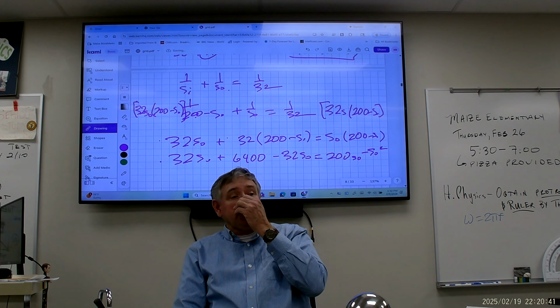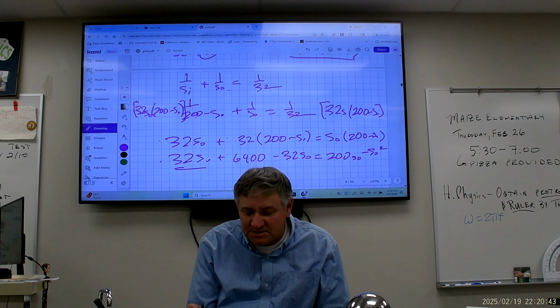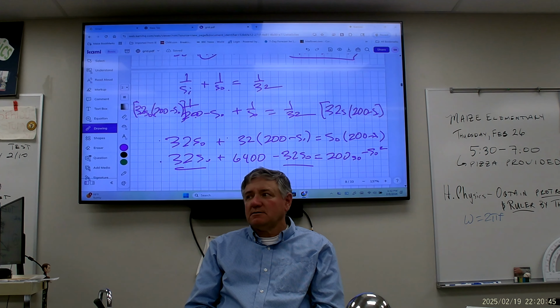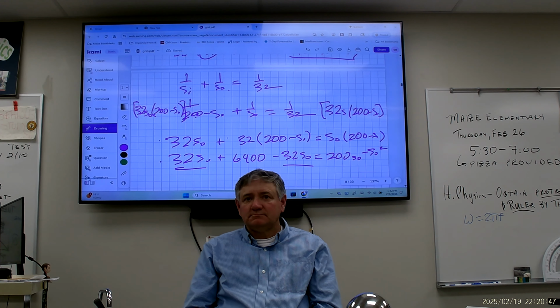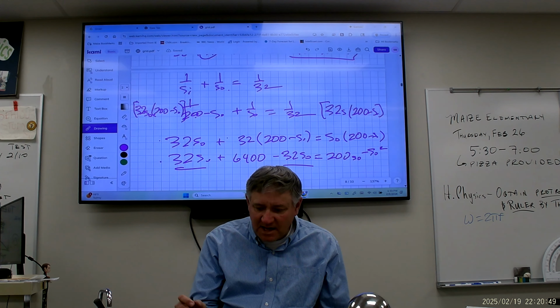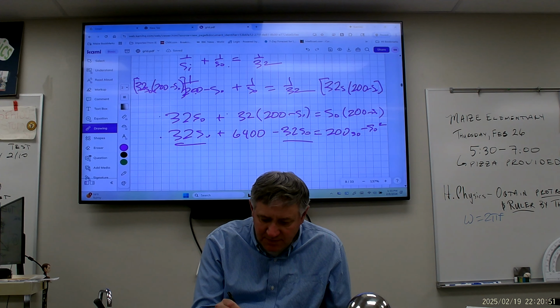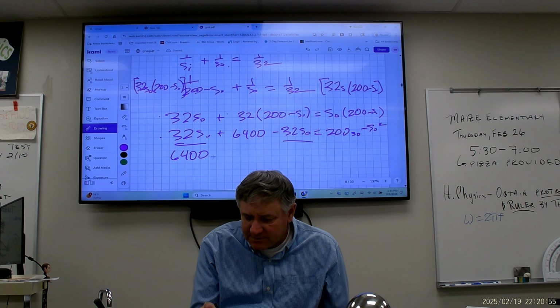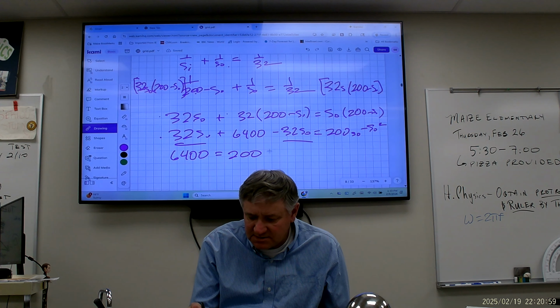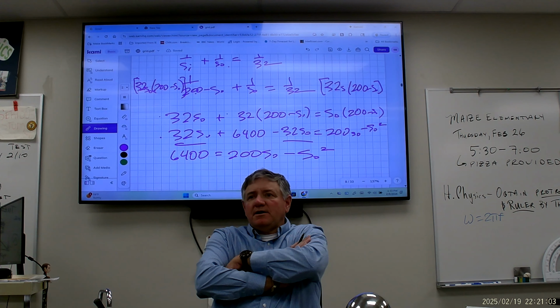Now, this is conveniently what's going to happen. I've got 32 s_o minus 32 s_o, so that goes away. So I'm left with 6,400 equals 200 s_o minus s_o squared.